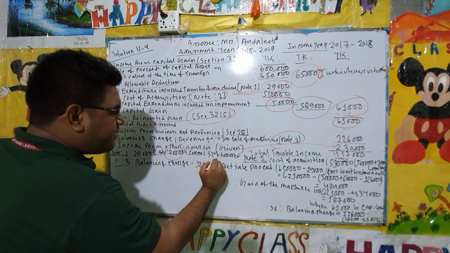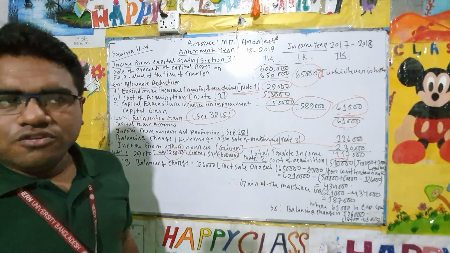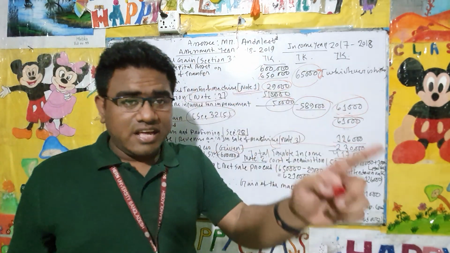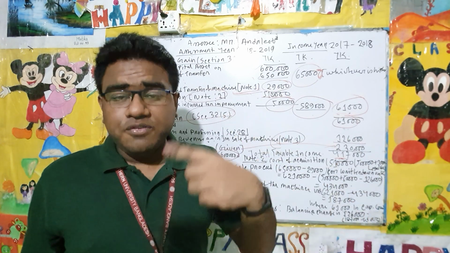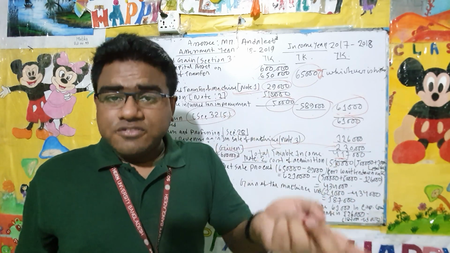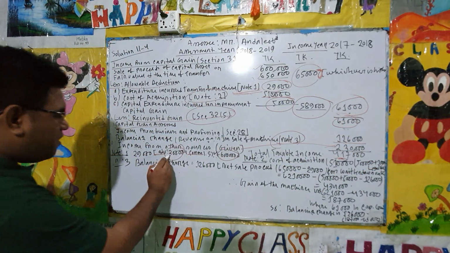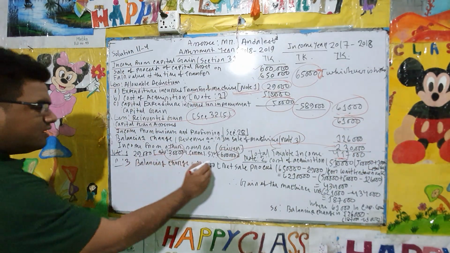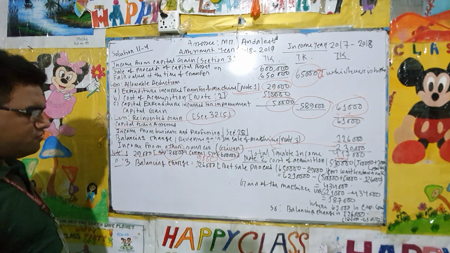Commission 1.5% out of 6 lakhs. So we have sold the machine at 6 lakhs, and as promised, we have to give 1.5% from that 6 lakhs, which is 9,000. So 20,000 plus 9,000 is 29,000.